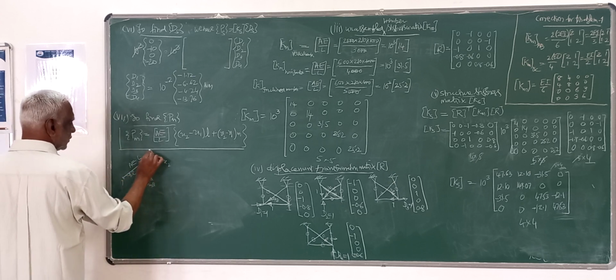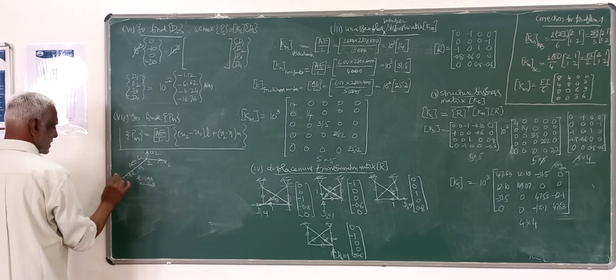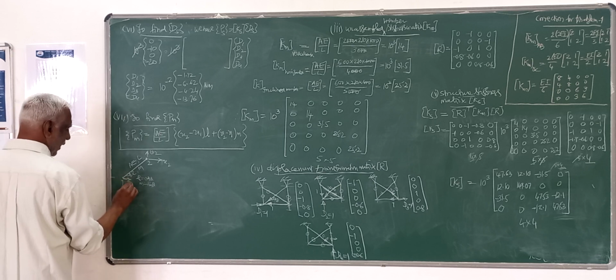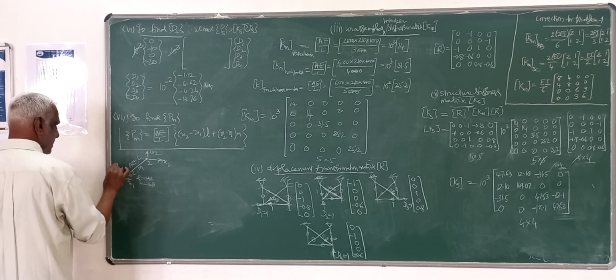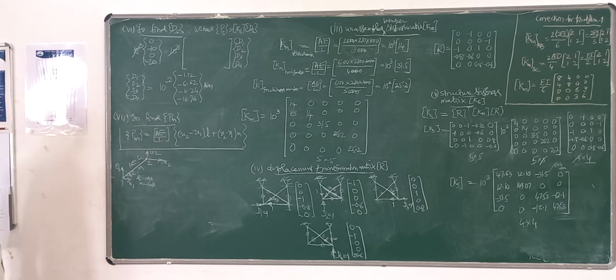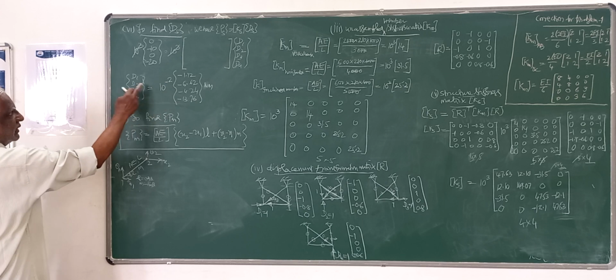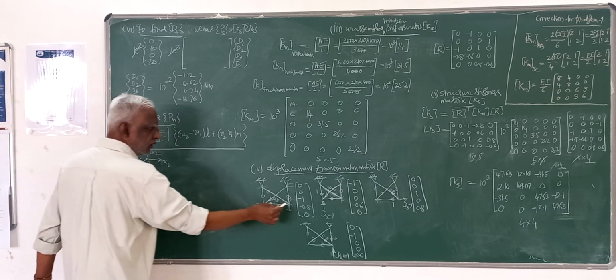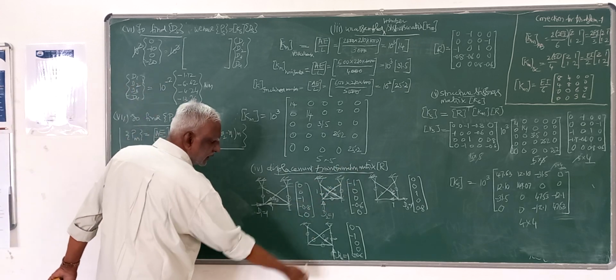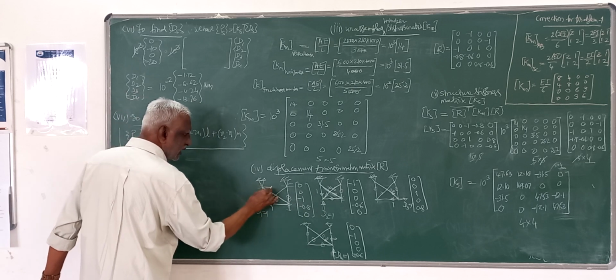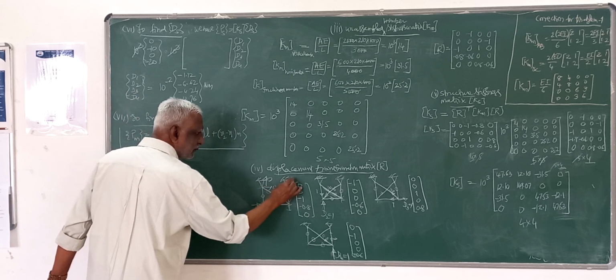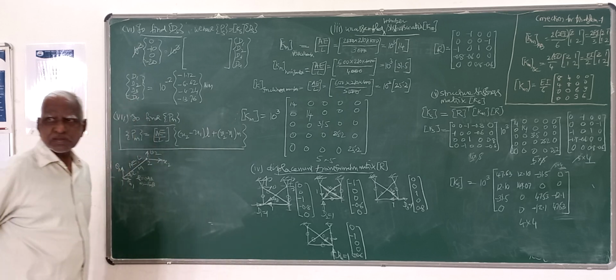This is U2, this is U1, the left end displacement and right end displacement. For supports the displacement is 0.